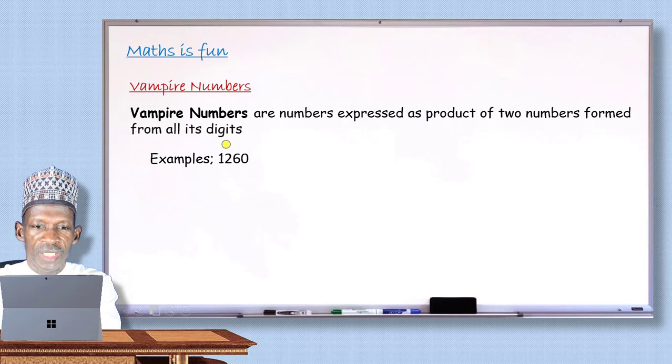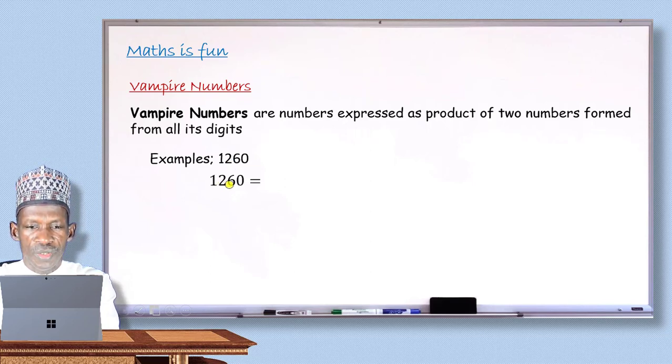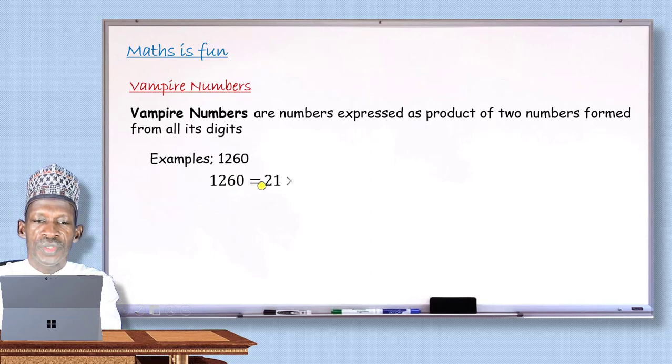So I can have 1,260 by multiplying two numbers, and those two numbers are constructed or formed using the four digits in this number, that is 1, 2, 6, and 0. Let's just see the two numbers. 1,260 will be equal to 21 multiplied by 60.